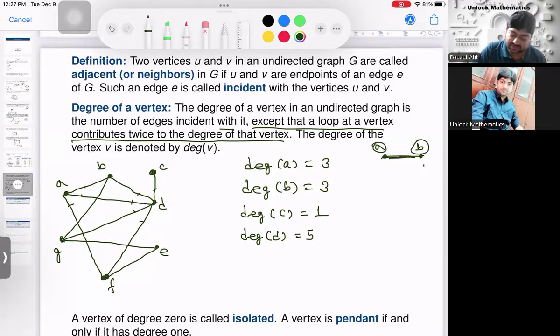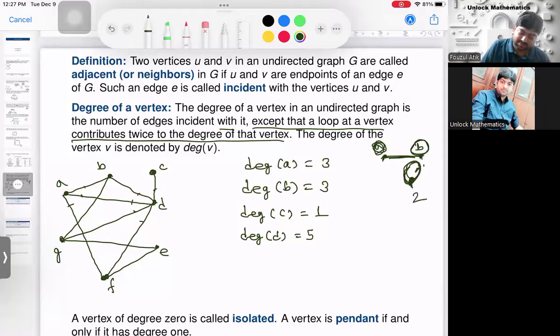Now if I have a loop, which is an edge whose both end vertices are same, in this case both the endpoints are same, right? So because of this edge, this vertex will get degree 2.